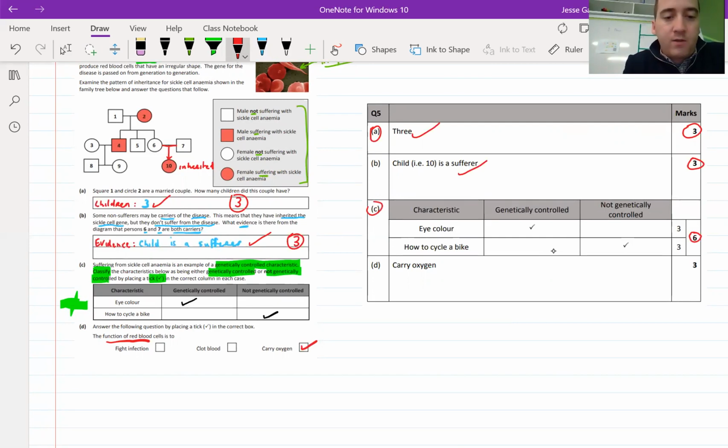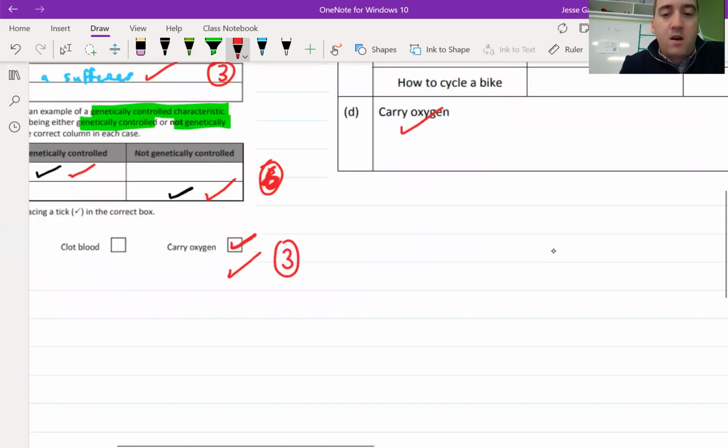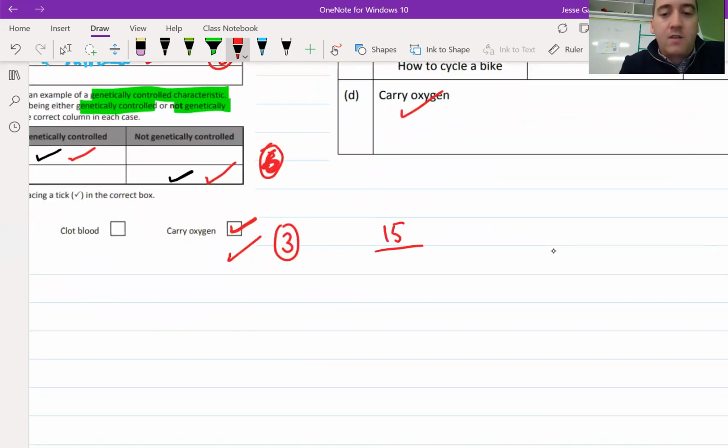Eye color we said was genetically controlled, that's correct. And how to cycle a bike is not genetically controlled, that's correct. So that's 6 marks, 3 and 3. And then the function of red blood cells is to carry oxygen, which is exactly what we said. That's another 3. So altogether, that was a 15-mark question, and we got 15 out of 15.